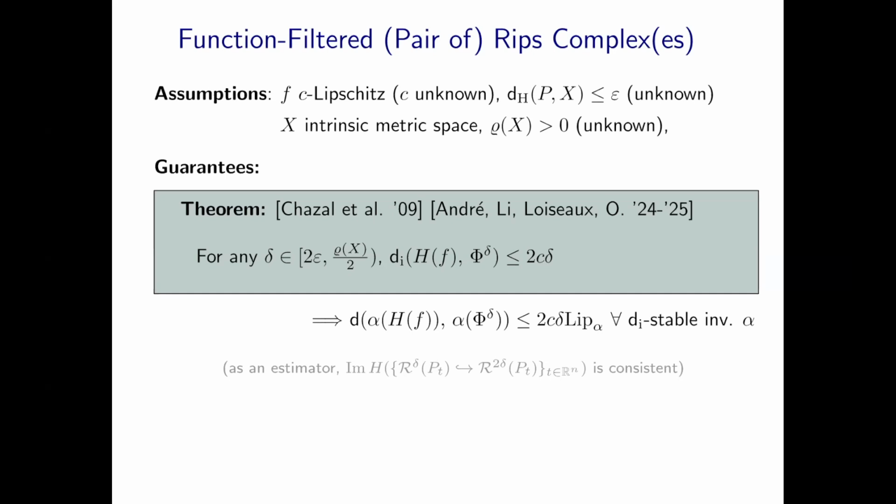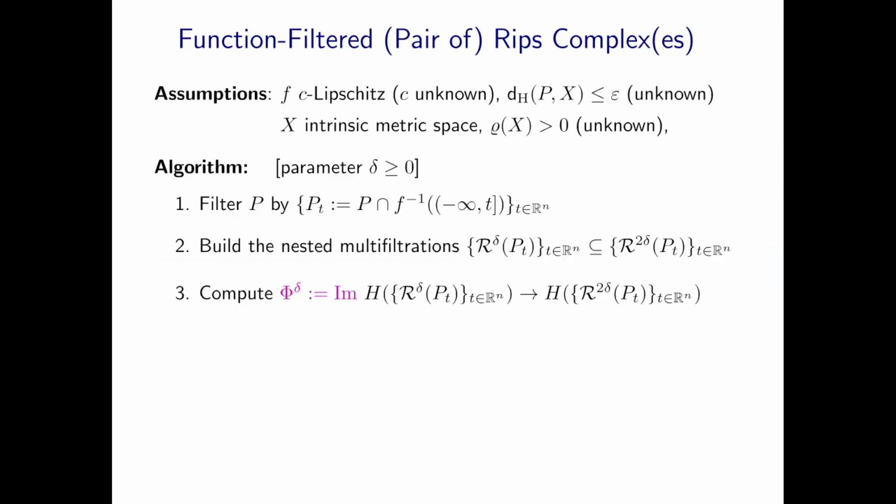And under this assumption, if we choose our delta within the range 2 epsilon to the convexity radius of X over 2, okay, so that's a pretty large range as epsilon goes to 0. If we choose the delta within this range, then basically this module phi delta is the image of the persistence module of the Rips of parameter delta into the Rips of parameter 2 delta.